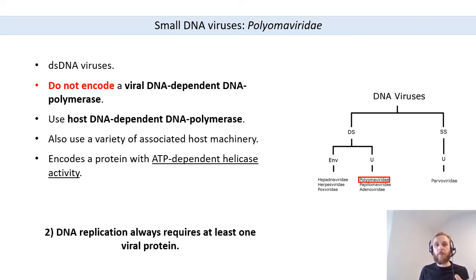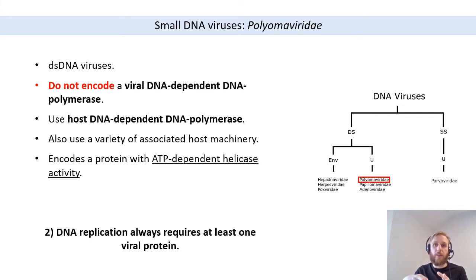So all of these different DNA viruses ultimately rely upon the host cell for at least something, but they also carry some components themselves, if that makes sense. The small DNA viruses are more dependent upon the host because the majority of the components are coming from the host.